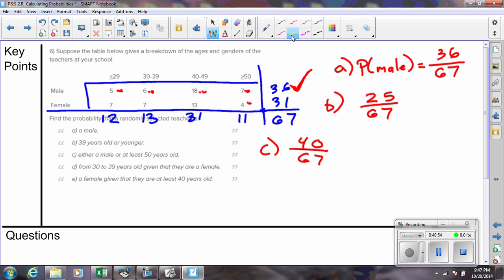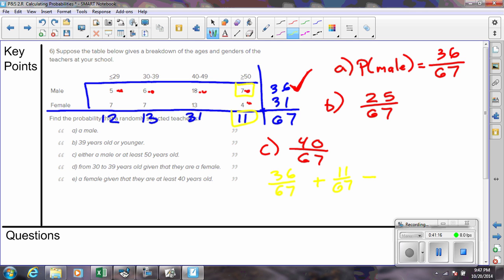Again, we could still use our formula. The probability that they are male, 36 over 67, plus the probability that they're at least 50, which was there, but then we'd have to subtract the probability that they are both.